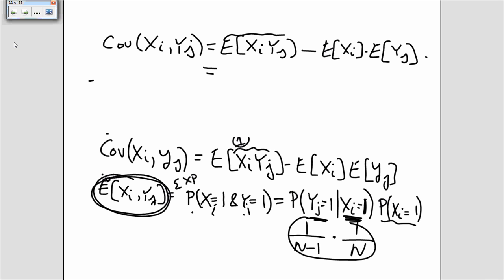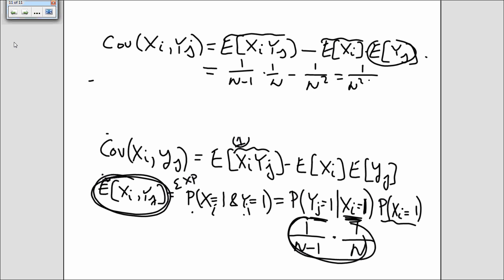The first one is 1 over n minus 1 times 1 over n, minus, and the second one is 1 over n squared, because it's 1 over n times another 1 over n. If we get a common denominator, if you work it out, this would just be 1 over n squared times n minus 1.